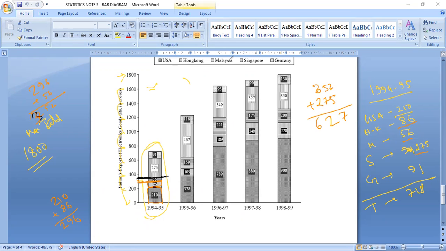Then this point is 627, you see, this point is 627. And after that, you have to add 91. So 91 will be 718. Naturally, this is the last point, and you have to mark 718.